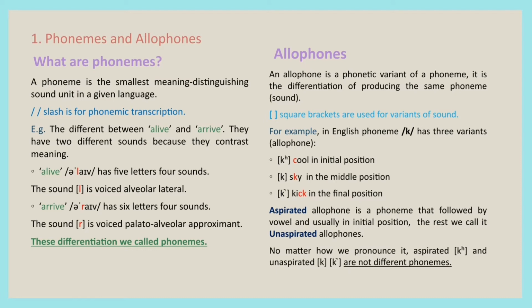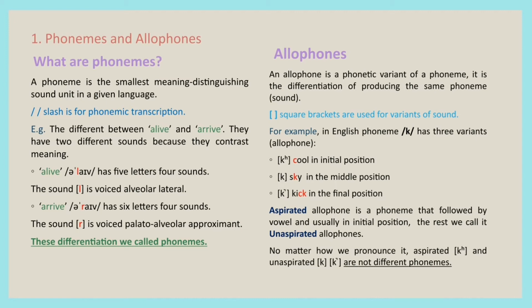Okay, let's talk about allophones. An allophone is a phonetic variant of a phoneme. It is the differentiation of producing the same phoneme or sound. The symbol of square brackets is used for variants of sound. For example, in English, phoneme k has 3 variants or allophones.